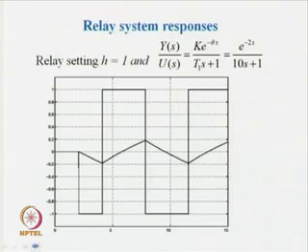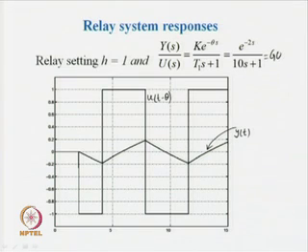The output can be of this form, where the rectangular pulses show the input to the system. Rather, here we actually get the delayed input to the system given by the expression u(t - theta), whereas the output we get here, which is a bit exponential but shown as triangular, is the output y(t), the sustained oscillatory output we get from the system.